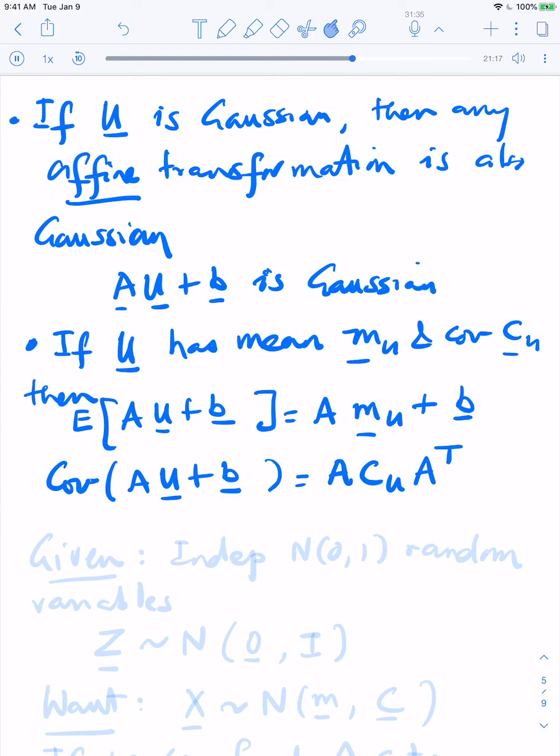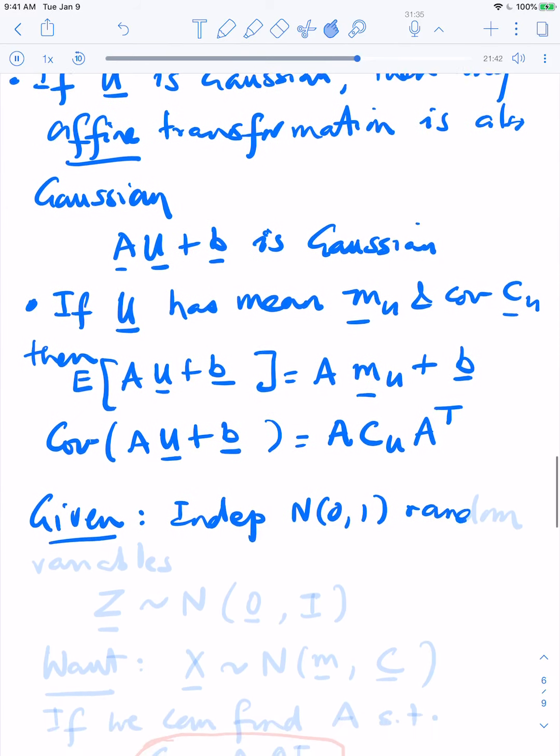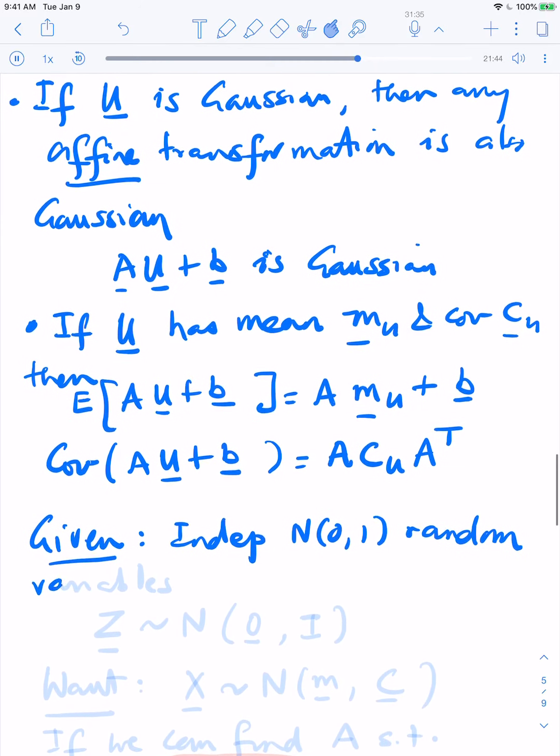So now, we are going to use those two things plus the standard Gaussian random variables that we know how to generate in any software, and generate arbitrary Gaussians from it. So what are we given? We are given independent Gaussian 0, 1 random variables from the simulator.